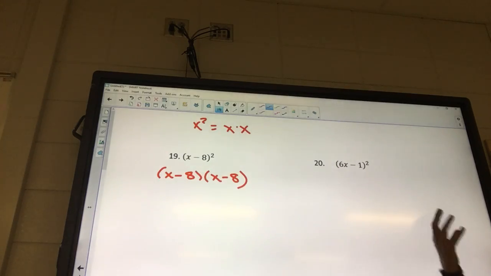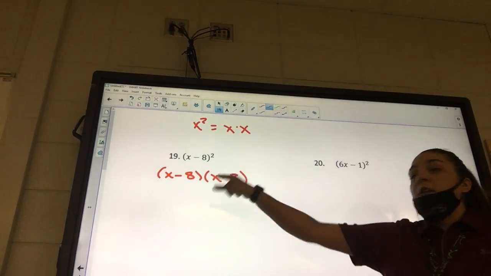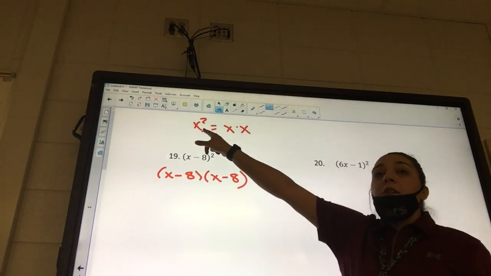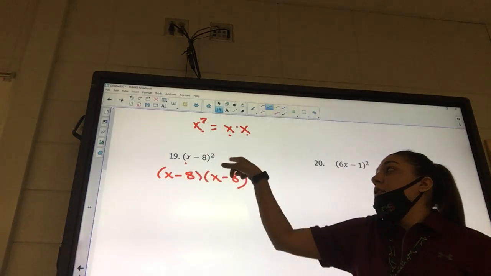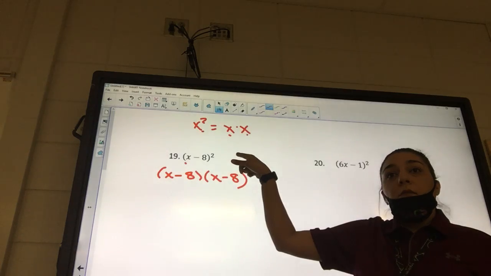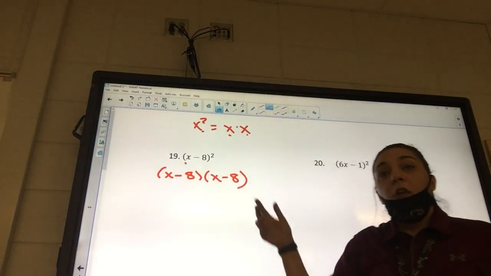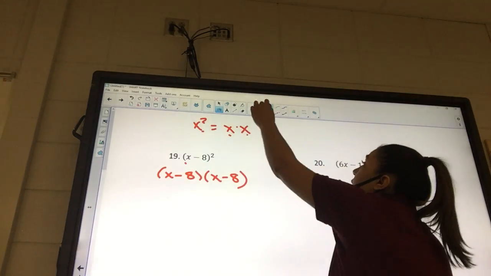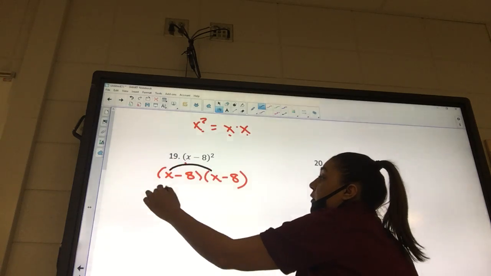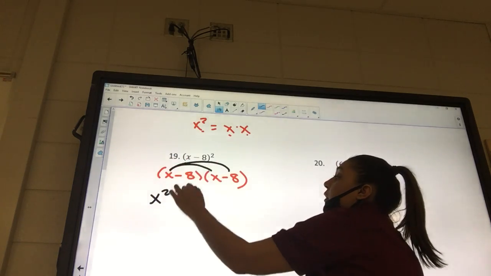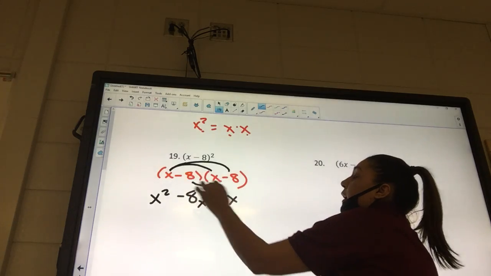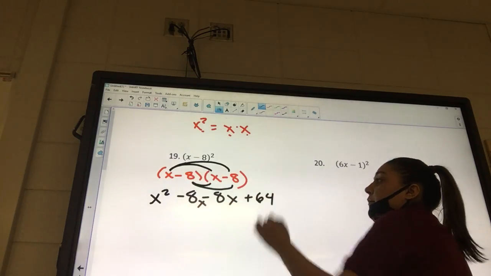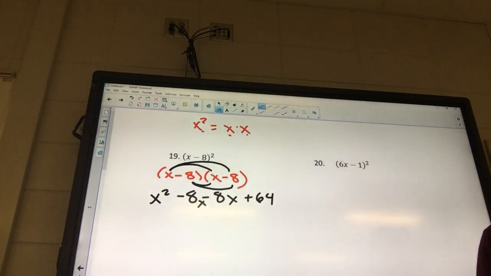It's just a different way of writing it. Multiply the first, the outer, the inner, and then the last. The process is the same. So if you see something like this, write it twice.